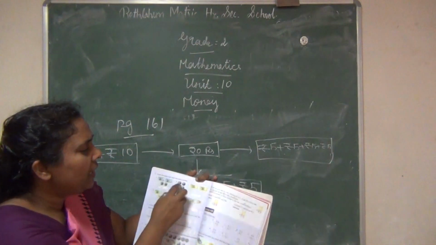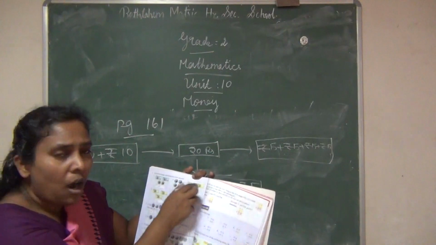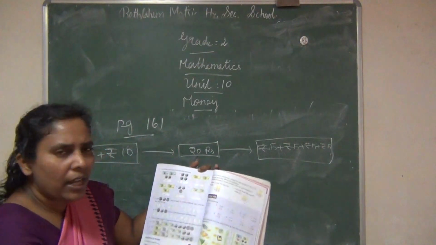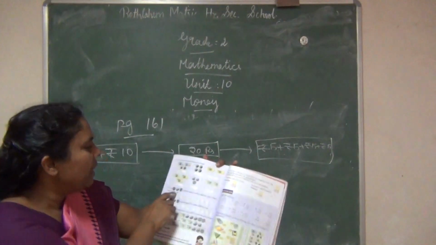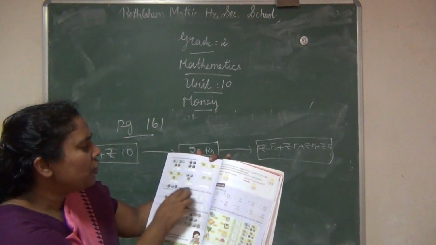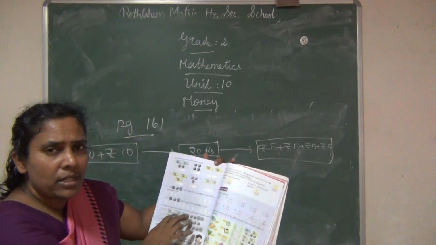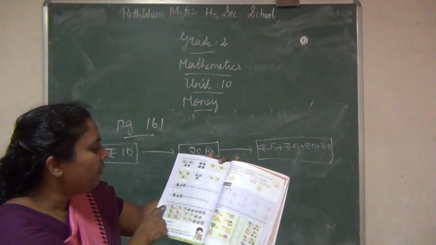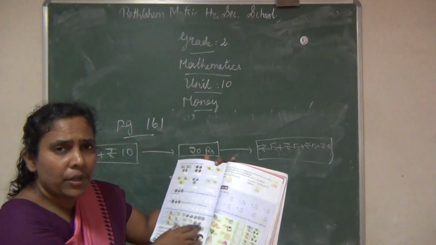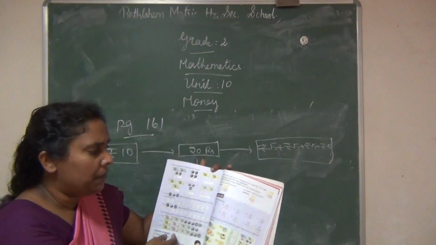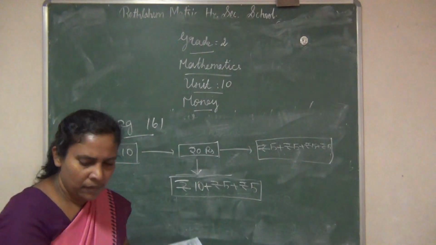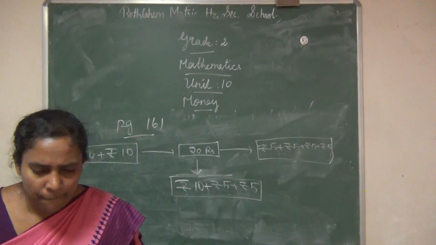Okay, like that here also you should count the money and you should write the answer. Okay, here in third one also you should do the same, and fourth one also you should do it the same.